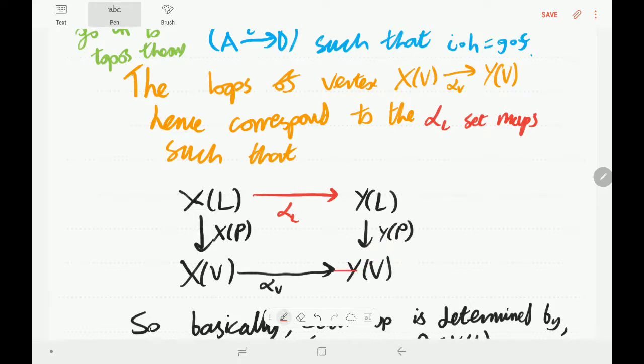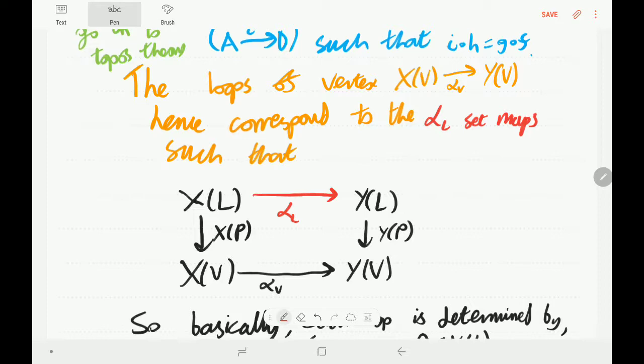So you can think of this as: we have the structure of x fixed and we have the structure of y fixed, and we know how the vertices of x are getting sent to the vertices of y, and what we're asked to do is to map the loops of x to the loops of y to form a morphism.